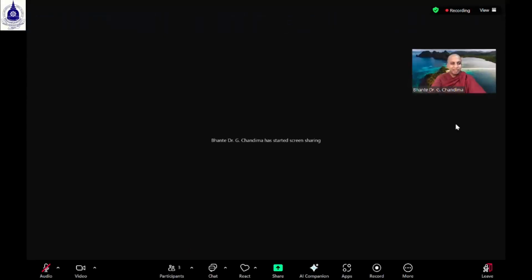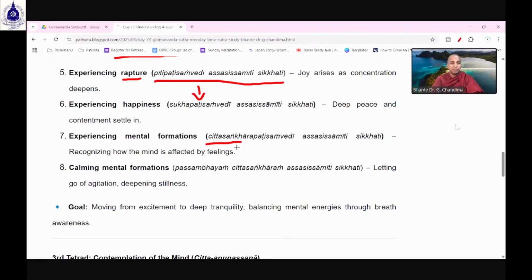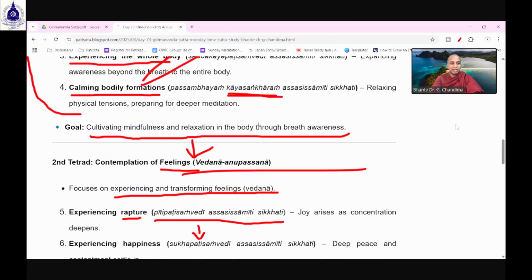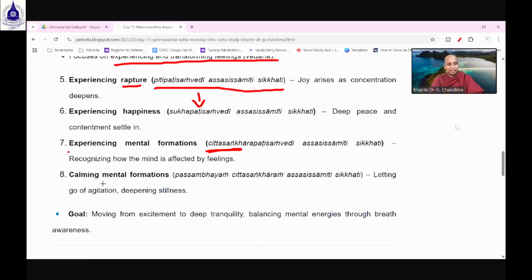Now, what is going to happen? Pretty interesting. Then you are going to work on Chitta Sankhara. Now, here you worked on Kaya Sankhara. Now, in the Vedana part, Chitta Sankhara. You experience mental formations, and then in the next stage, you are going to calm them as well.